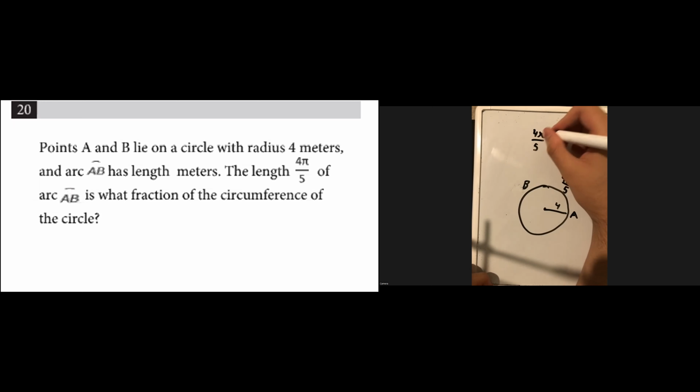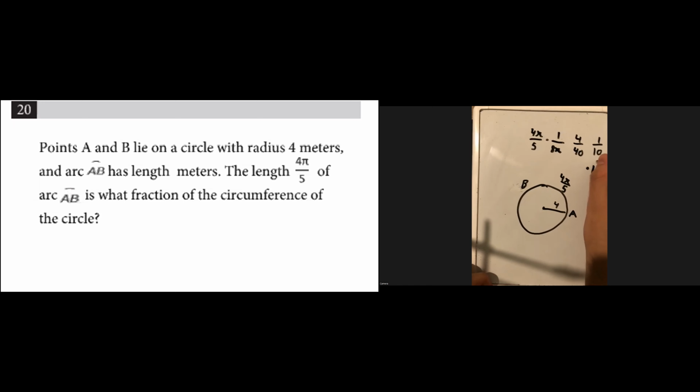And the pi's would cross out and you get 4 over 40, which is just 1 over 10, which is just 0.1. Both of these answer choices are accepted. You could either write 1 over 10 or write 0.1.